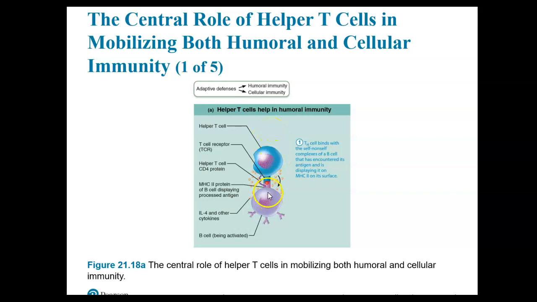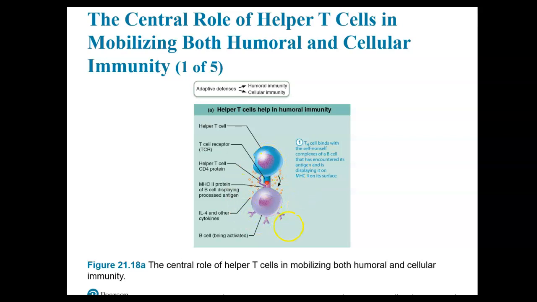Here's what has happened. This cell that we're looking at that's purple is a B cell displaying an MHC2 protein, a class 2 protein, and this B cell is capable of producing antibodies.